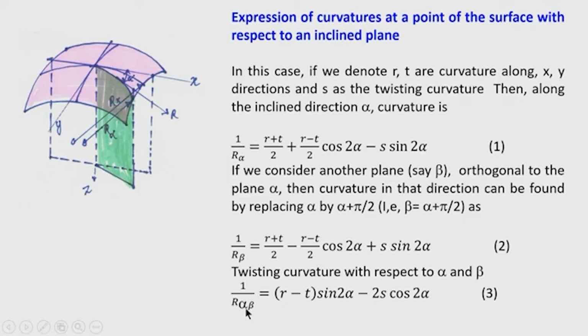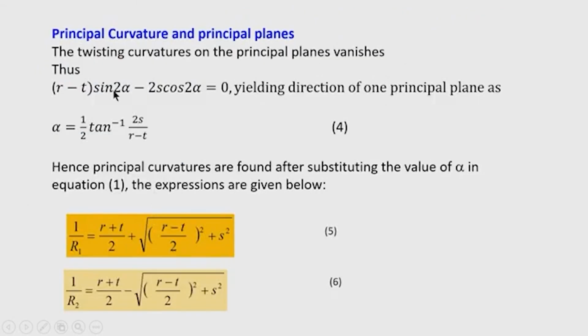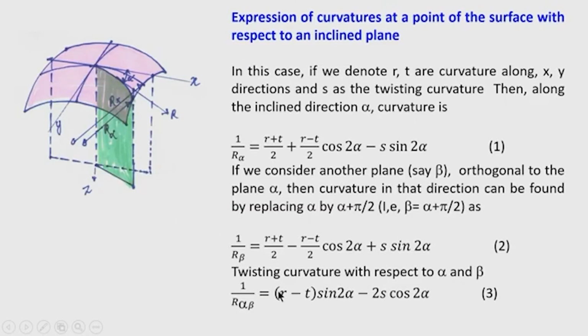Now, we know that in the direction of the principal curvatures, the twist curvature must be 0. So, based on that, twist curvature on the principal planes vanishes, and therefore, we can equate this expression to 0.